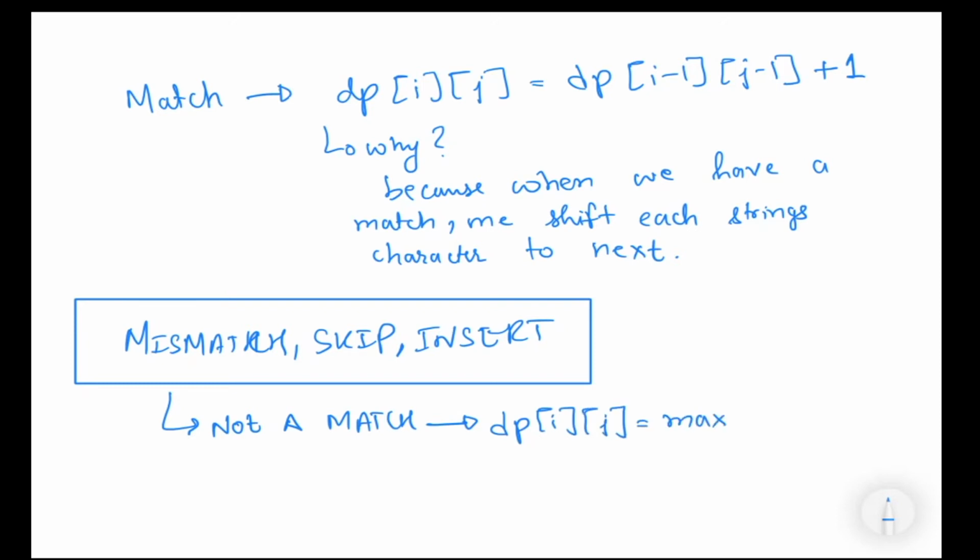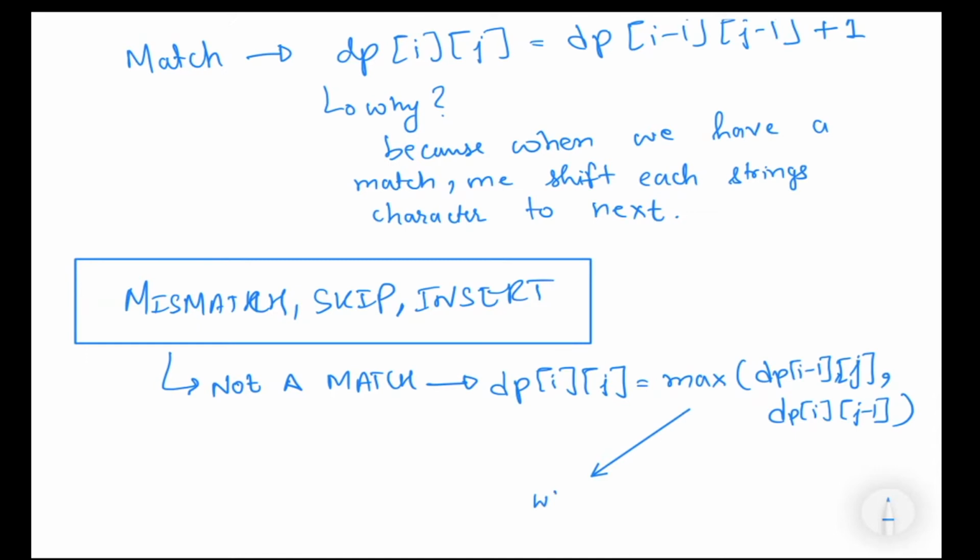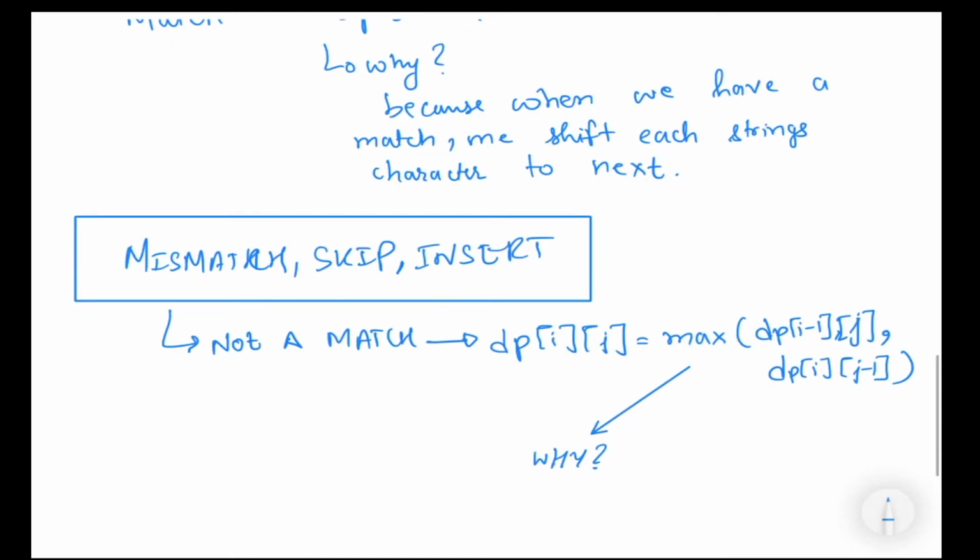So for dp[i][j], in that case what we do is we take the max of dp[i-1][j], vertically upwards, and dp[i][j-1], that is horizontally leftwards. Now why are we taking this? Again, a good question. We need to understand it.